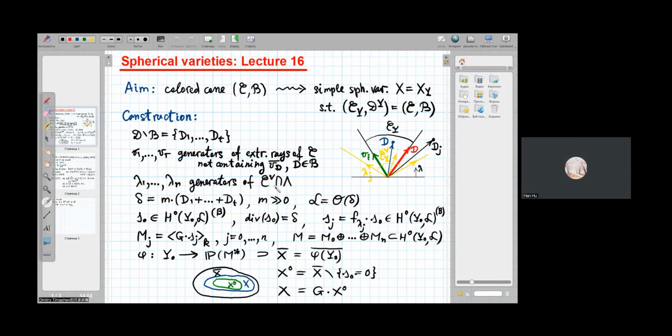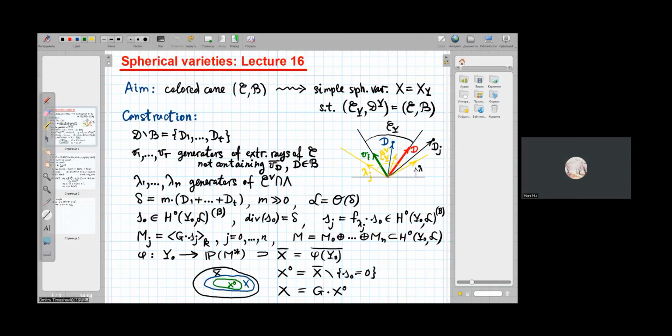So clearly, since V, maybe I should draw yet another ingredient. So my picture becomes more and more rich. Excuse me, let me make it smaller.